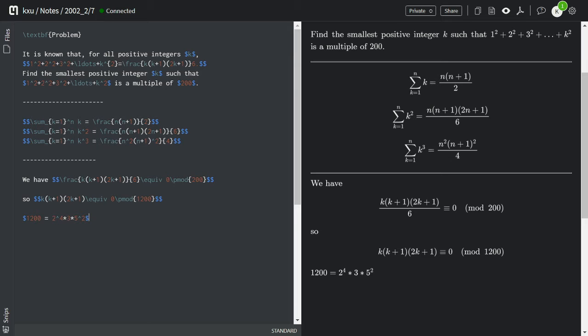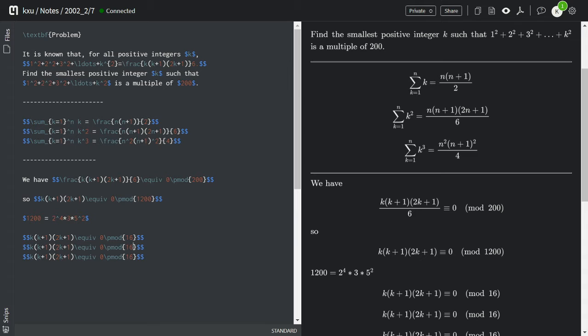And thus we can split this big modular equation into some smaller ones: 16, 3, and 25.